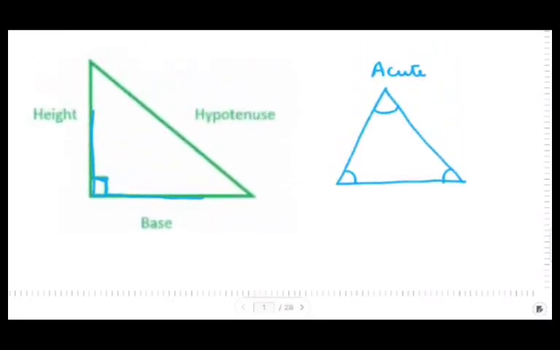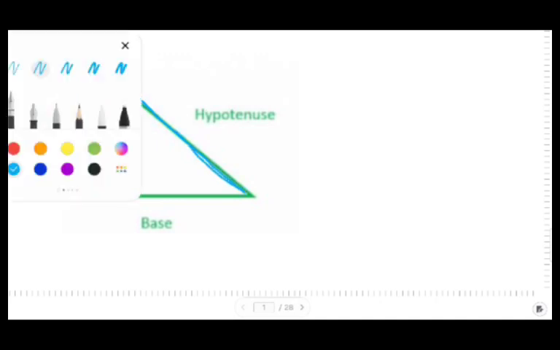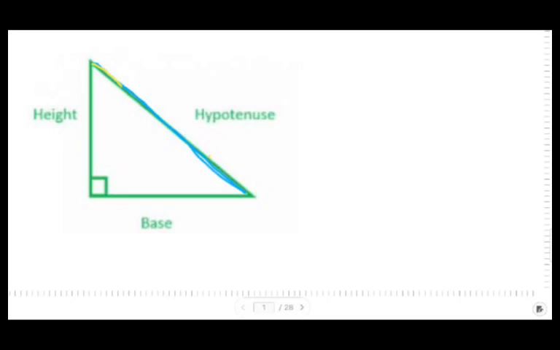While we're doing a right angle triangle, we look at the length of each side. So in a right angle triangle, the longest side is called the hypotenuse.